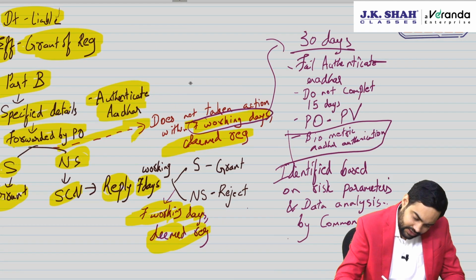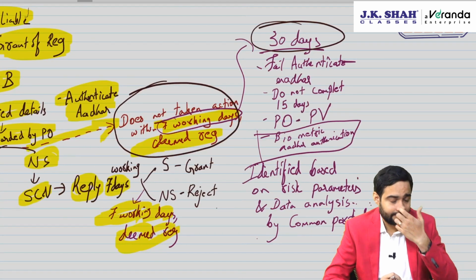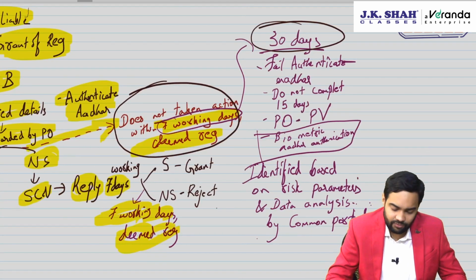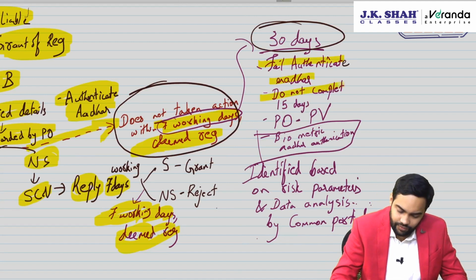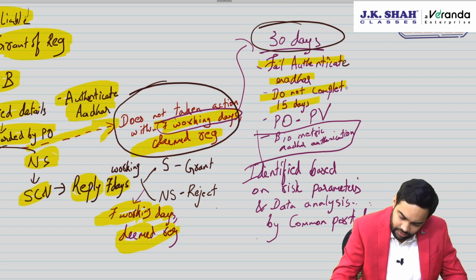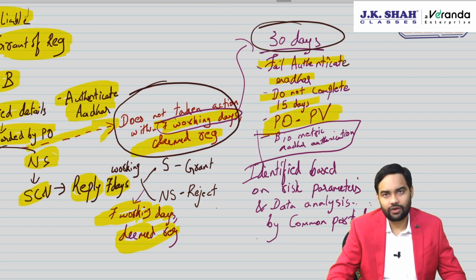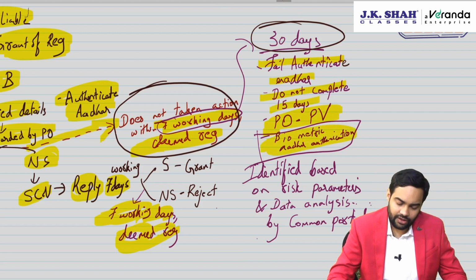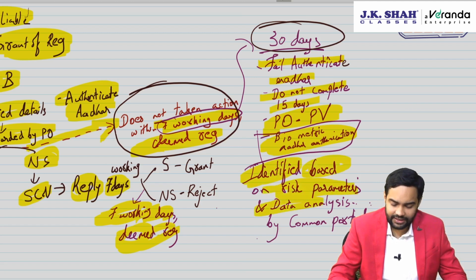Now this first application 7 working days can be replaced by 30 days if you fail to authenticate Aadhaar, or don't choose to authenticate Aadhaar, or you don't complete it within 15 days, or the proper officer feels it is a fit case to do physical verification before grant of registration. And you are also aware now there is biometric Aadhaar authentication throughout India. And last one, if it is identified based on risk parameters and data analysis by the common portal, where the common portal identifies it to be a risky case.